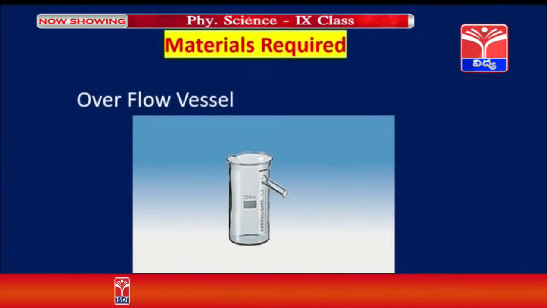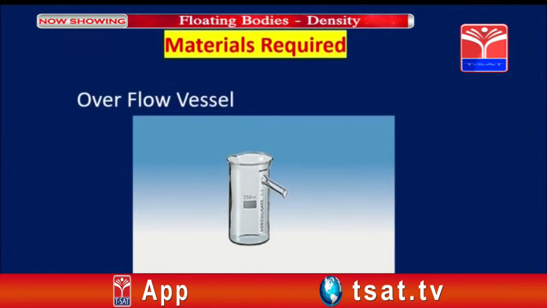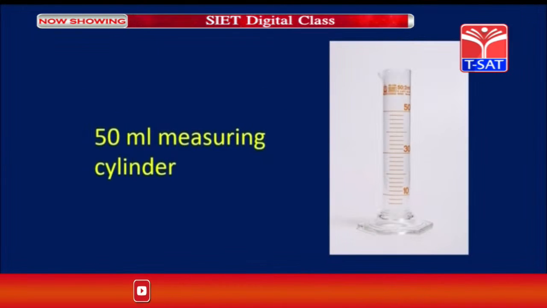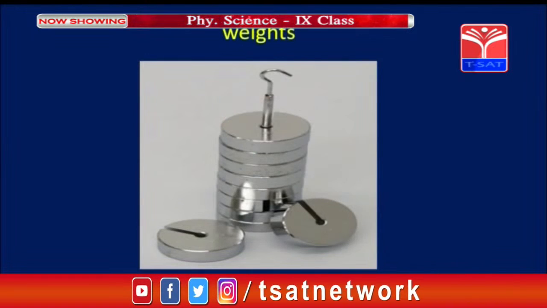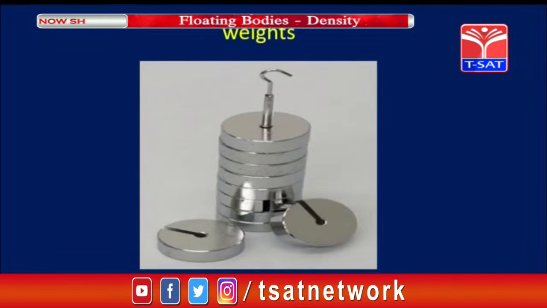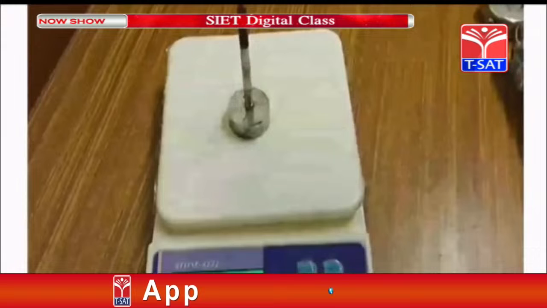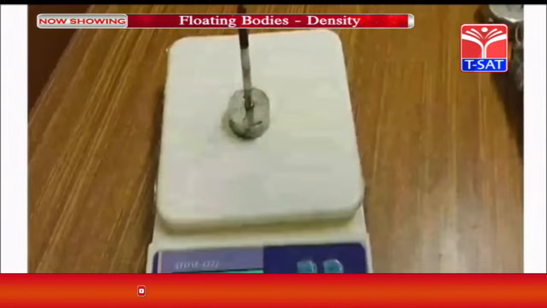An overflow vessel. You can see, children, this is an overflow vessel, which is the required material, and a 50 milliliter measuring cylinder, an electronic weighing machine and some required weights. These are the materials required. Now, children, observe carefully. This is a weighing machine and some weights are there.